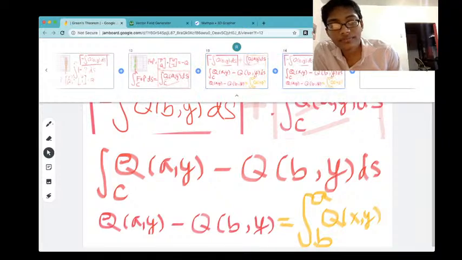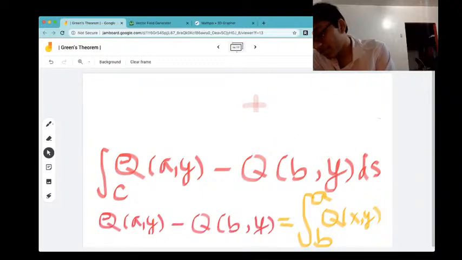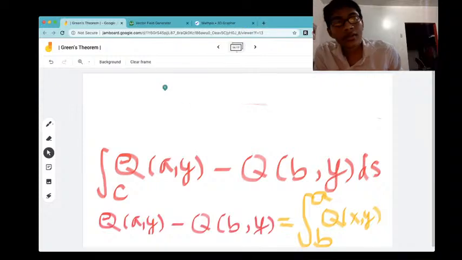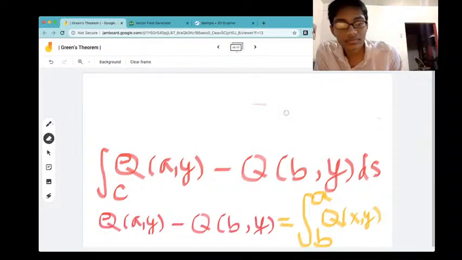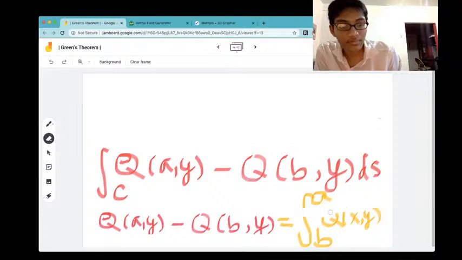So really what all of this comes down to is some basic simplification in the math and in the integration. So let's see what that simplification is, right? As a matter of fact, it's not just q of x y, but it's much deeper than that. It's going to be partial q partial x, right?